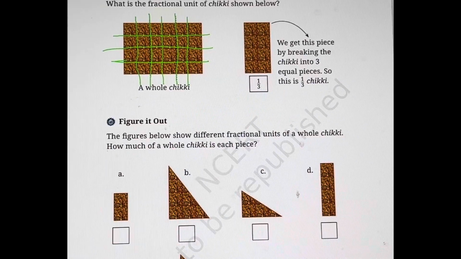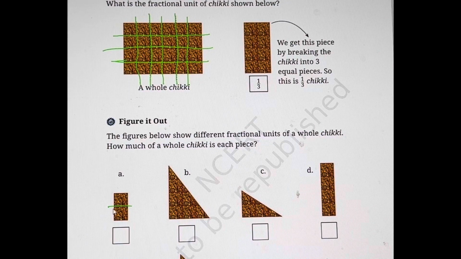Now we will solve this figure it out exercise based on this total of 24 parts, because that would be easier for you to understand, right? Every time you will not have to divide the whole chicky into various parts according to the pieces given, right? So how much of the whole chicky is each piece? Now here you can see in the first one, we'll divide it into a grid.